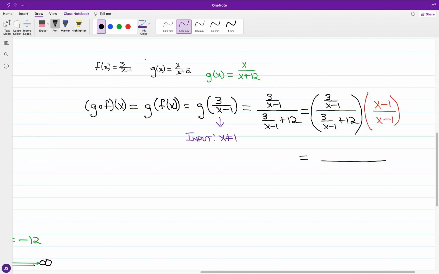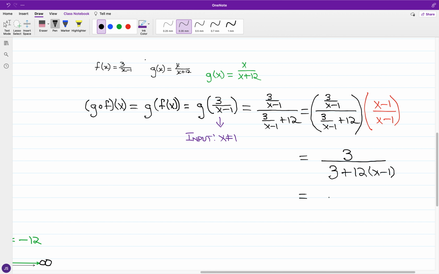For 3 over x minus 1, if I multiply by this x minus 1, the denominator cancels out, and what is left is 3. Now for the denominator of the original ratio, multiplying 3 over x minus 1 by x minus 1, we're going to have 3 once again, but now 12 is going to be distributed over x minus 1.